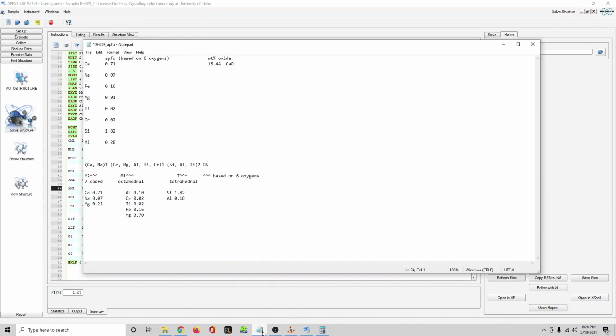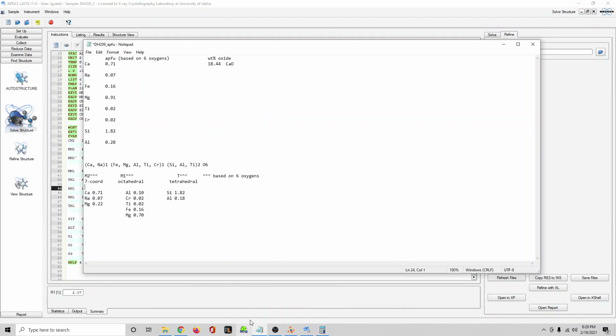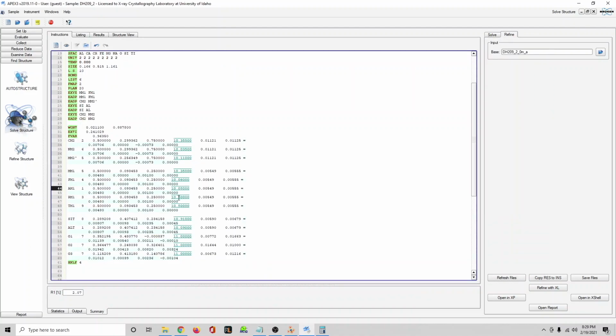Aluminum, 0.1 is 0.05. And chromium, 0.02 is 0.01. Very little. And I think it's the same with titanium.